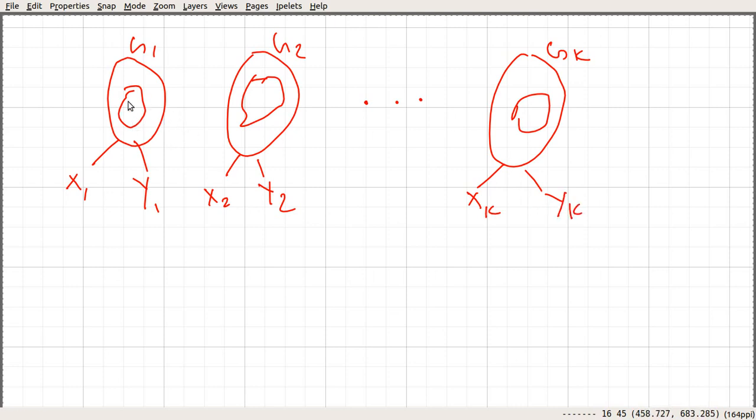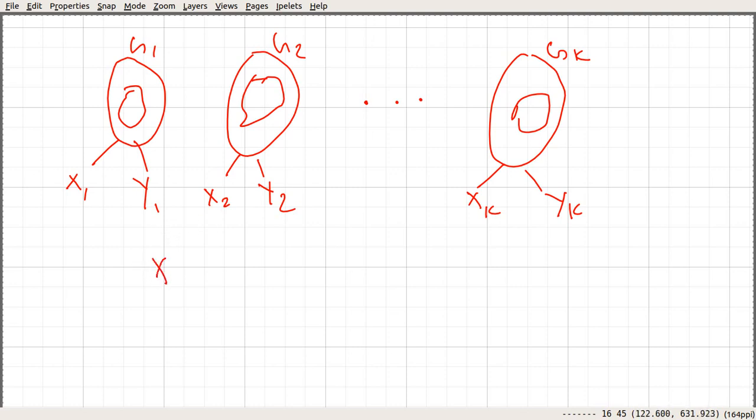So all the cycles are contained in a single connected component, and each component must be a bipartite graph. If each component is a bipartite graph, then we can partition the vertices of the components as X1, Y1, X2, Y2, and Xk, Yk.